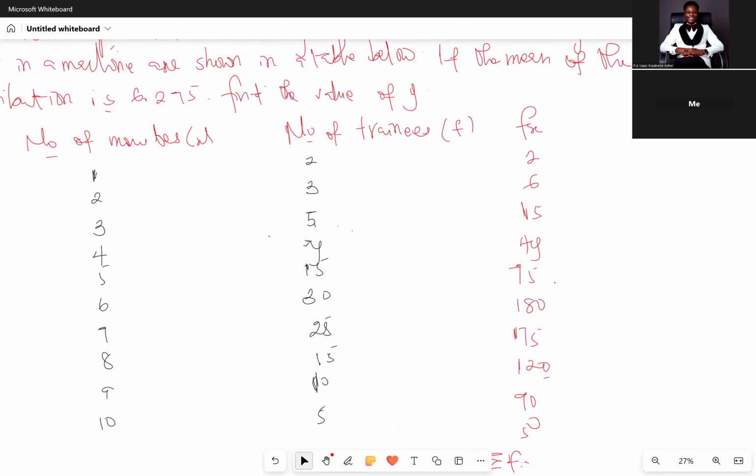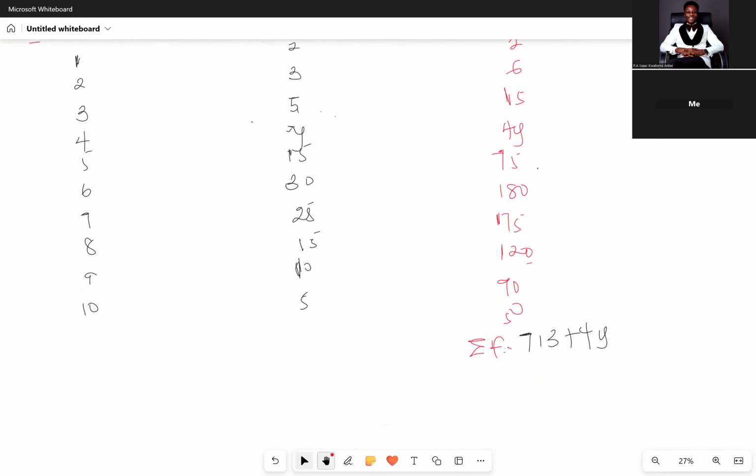So just add the numbers: 2 plus 6 plus 15, then plus 75 plus 180 plus 175 plus 120 plus 90 plus 50. That's 713. Then you add the 4y to it, so you have 713 plus 4y. That's how we do algebraic addition.